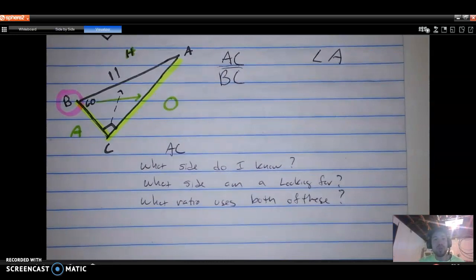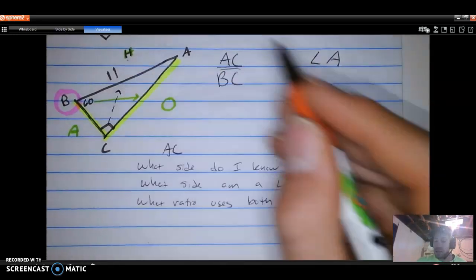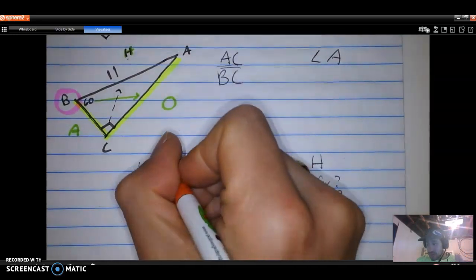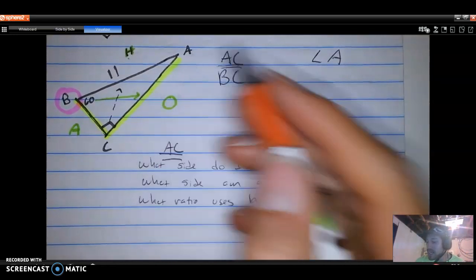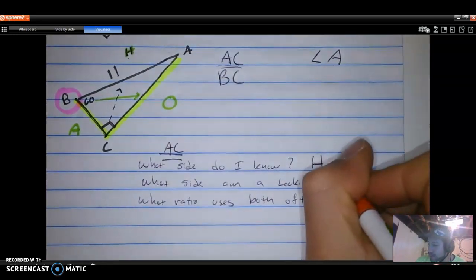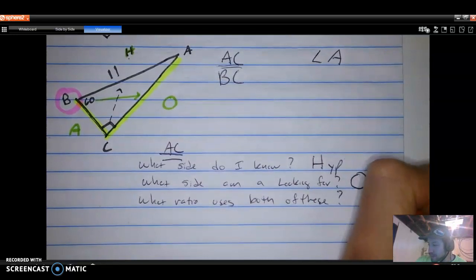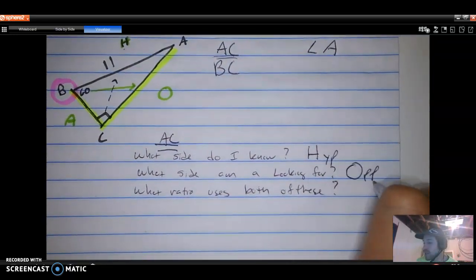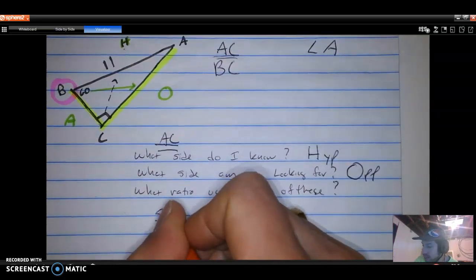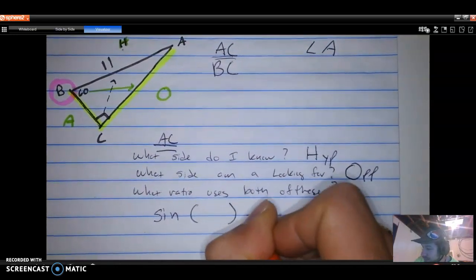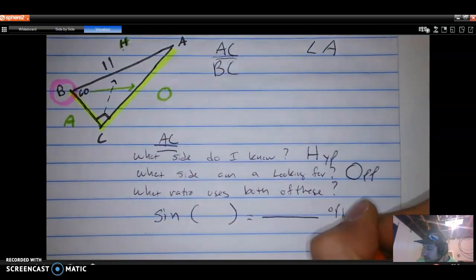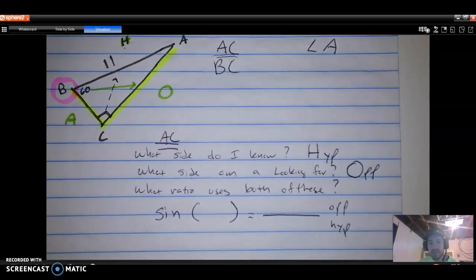So what side do we know? We know the hypotenuse, right? We know 11 is the hypotenuse. What side are we looking for? We're looking for AC, and AC is the opposite side. What ratio uses both hypotenuse and opposite? Well, that's sine. Sine is opposite over hypotenuse.